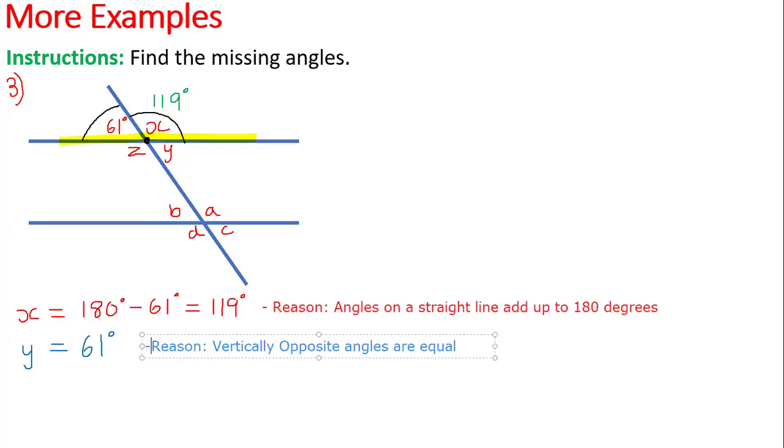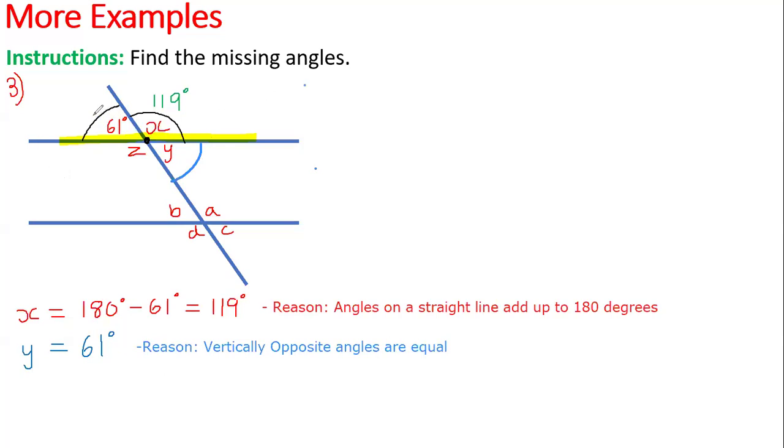Let me show you what I mean. If you look carefully, isn't 61 vertically opposite to Y? So that means that they are equal. Danielle, you understand that?